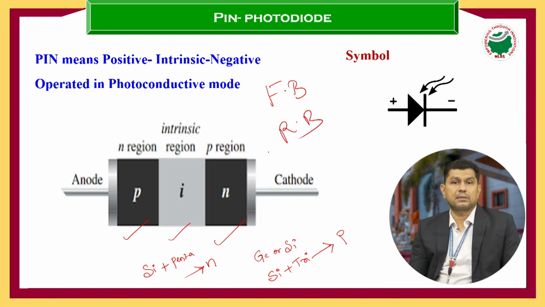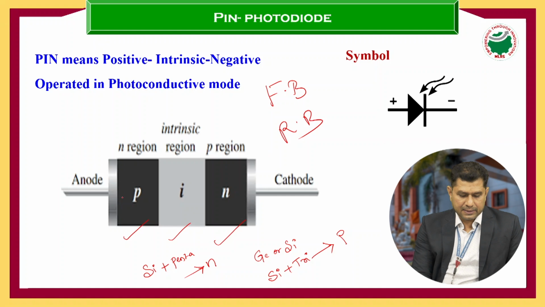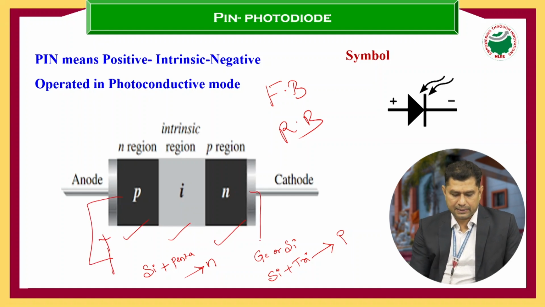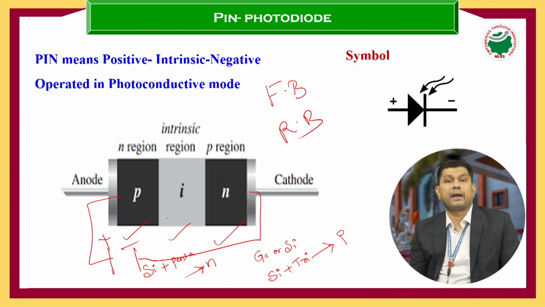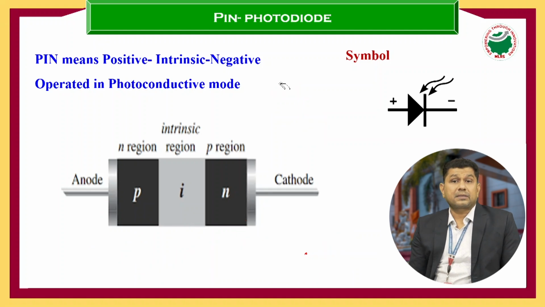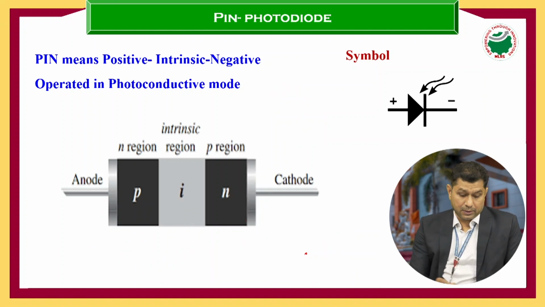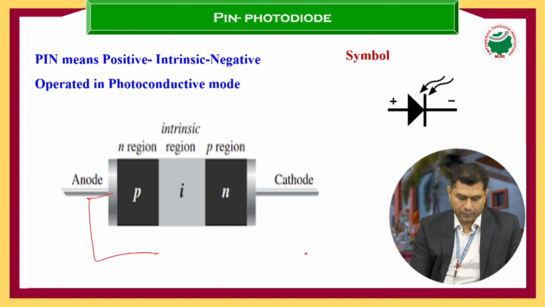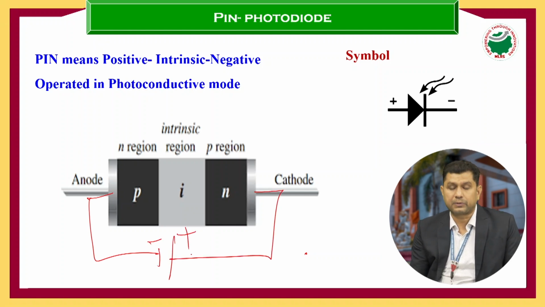What is forward bias? When the P side is connected to the positive terminal of the battery and the N side is connected to the negative terminal of the battery, then the diode is said to be forward biased. Next, what is reverse bias? When the P side is connected to the negative terminal of the battery and the N side is connected to the positive terminal of the battery, then the diode is said to be reverse biased. Usually, an LED we operate in forward bias.